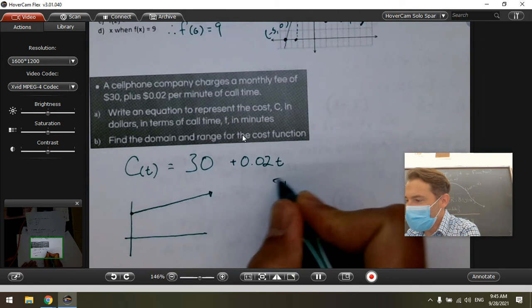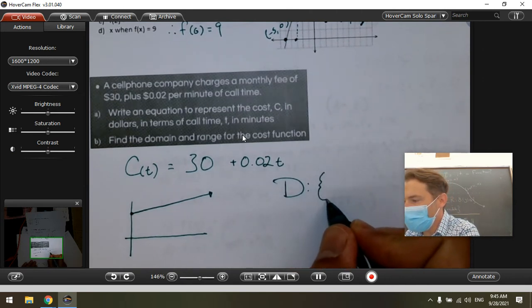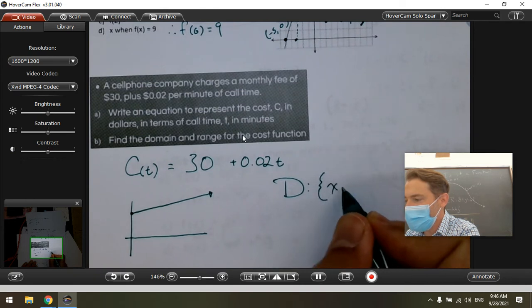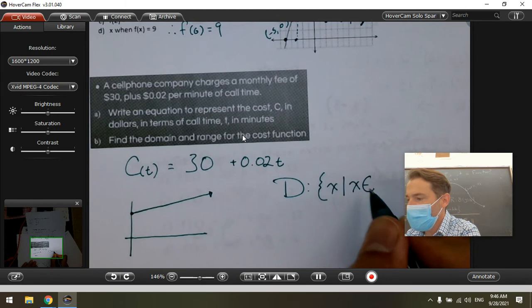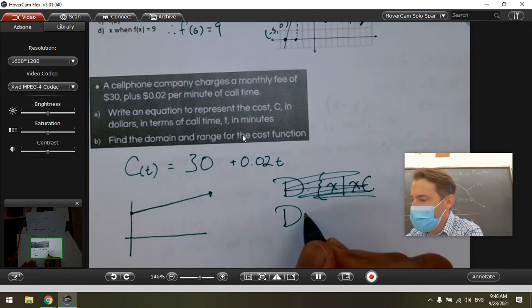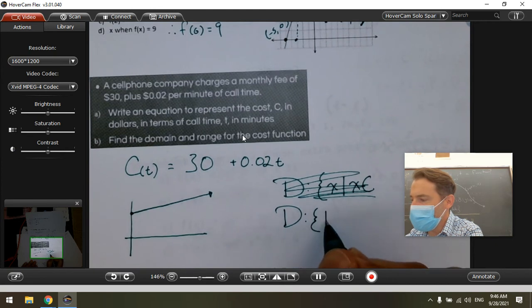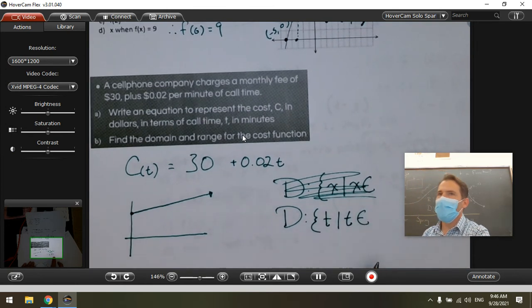So here, domain would be, I have squiggle bracket there, x is a set of numbers such that x is of the, oh, I'm sorry, it's not x. Domain is a set of t values such that t is of the, what is t of? Are they going to charge you by fractions of a minute?